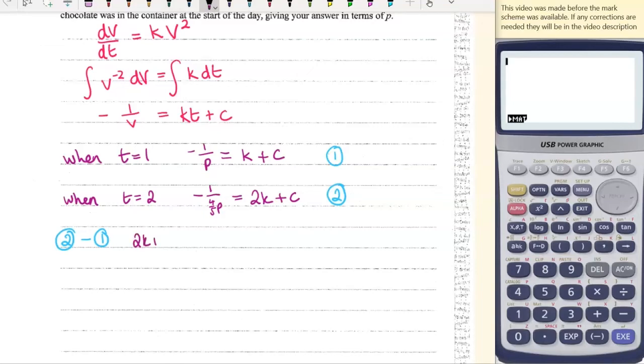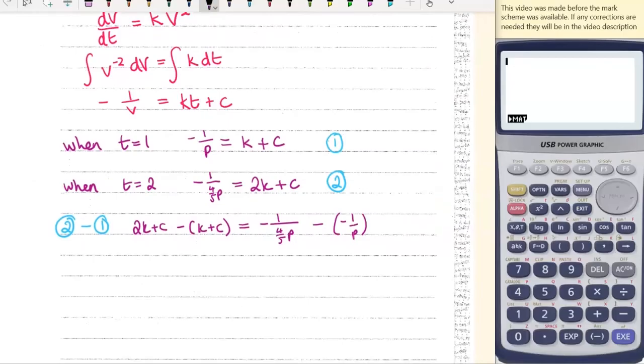So 2k plus c take away k plus c is equal to minus 1 over 4/5 p take away minus 1 over p. So the c's cancel.